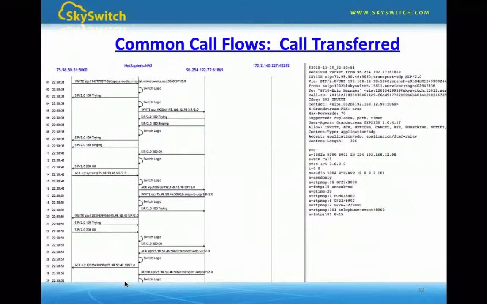And just in general, when you're looking at a SIP ladder graph, it's very helpful to know what the different SIP endpoints are. So if you see an IP address that you're not familiar with, either it's a registered SIP phone from a customer, and you can assume that IP address belongs to the customer, or it's an IP address that belongs to SkySwitch, and it's one of our network components.